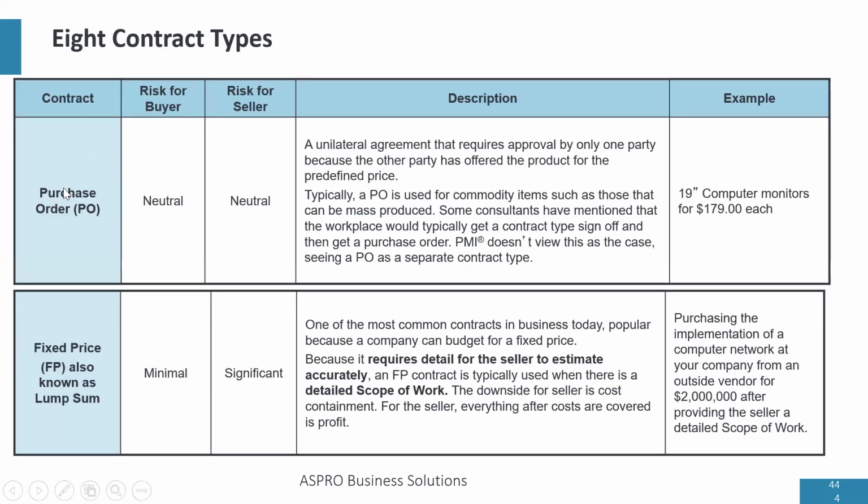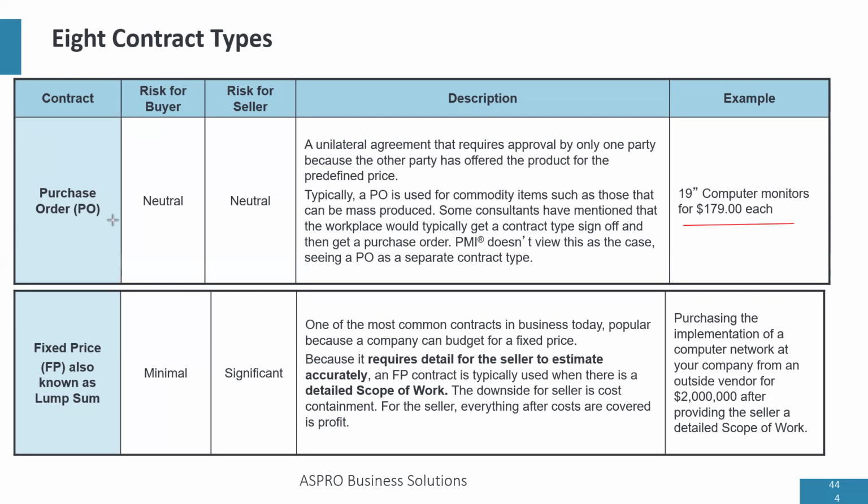So the first one is purchase order. The purchase order is a unilateral agreement that requires approval by only one party because the other party has offered the product for the predefined price. A purchase order is your organization asking another organization to supply some commodity items at a predefined price.